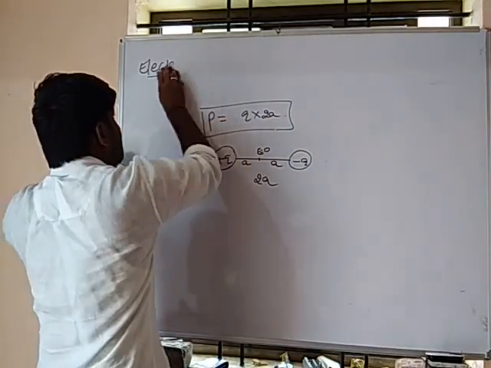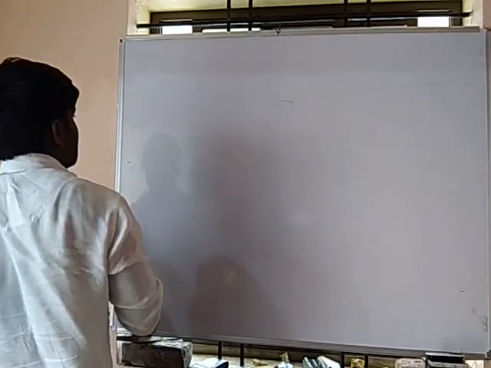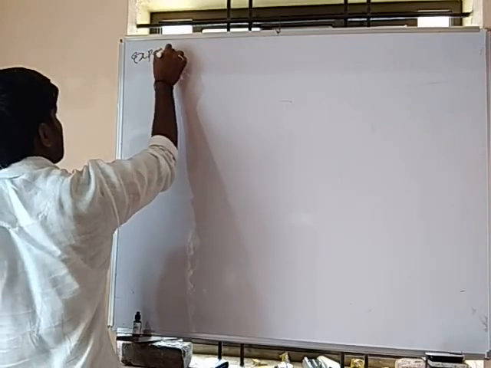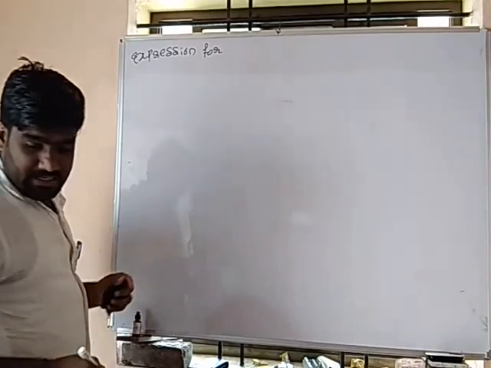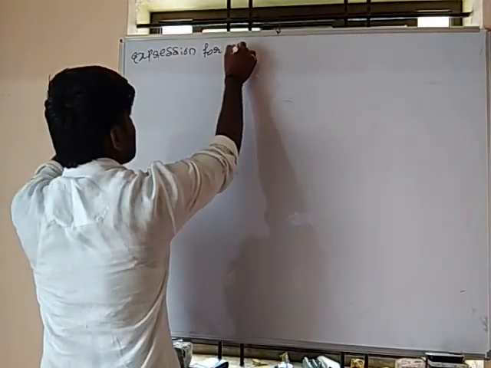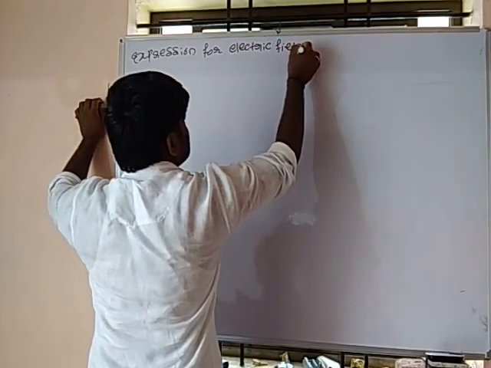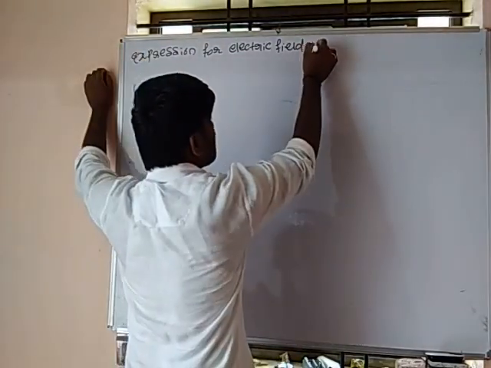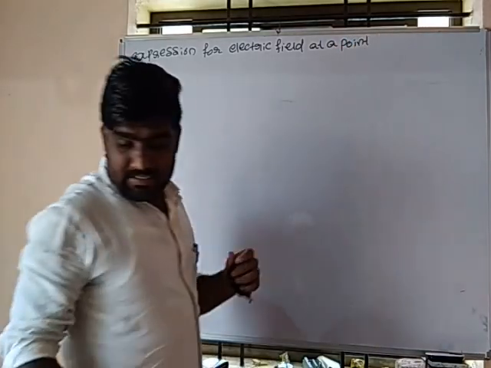Then there is one derivation based on this electric dipole moment. Very important. Next is the expression for electric field at a point on the axis of dipole.